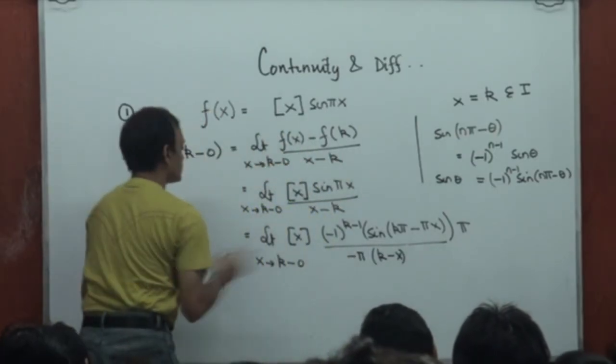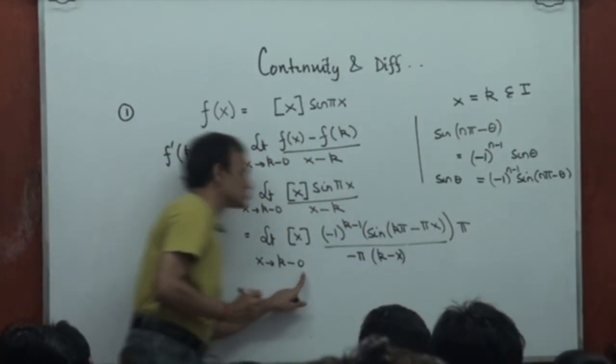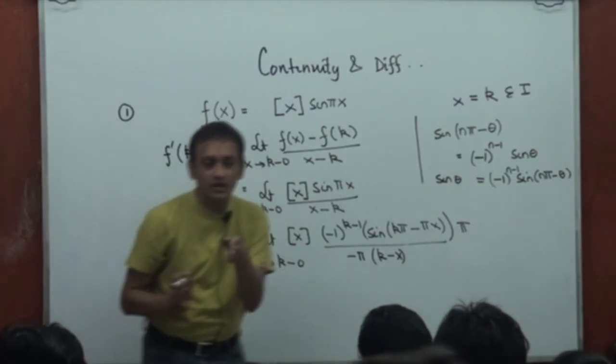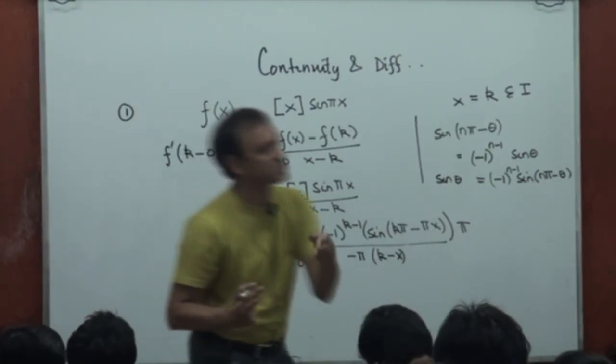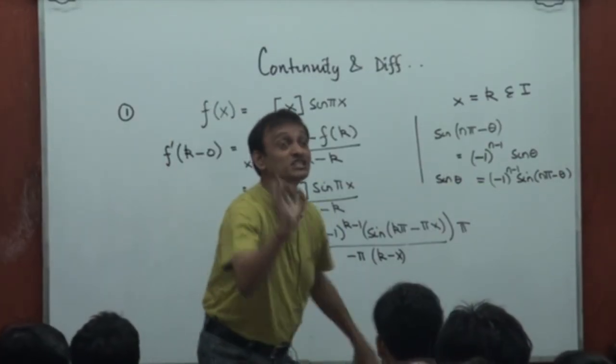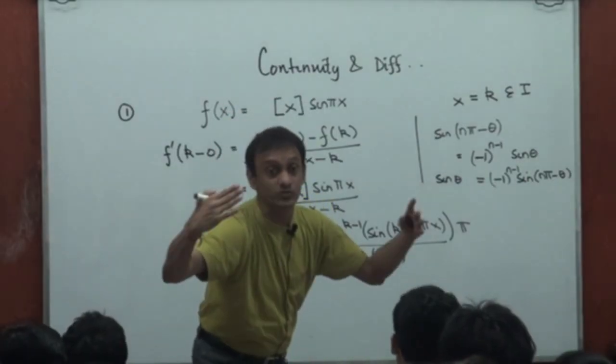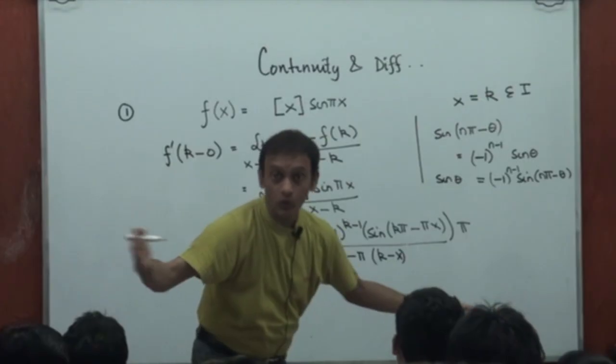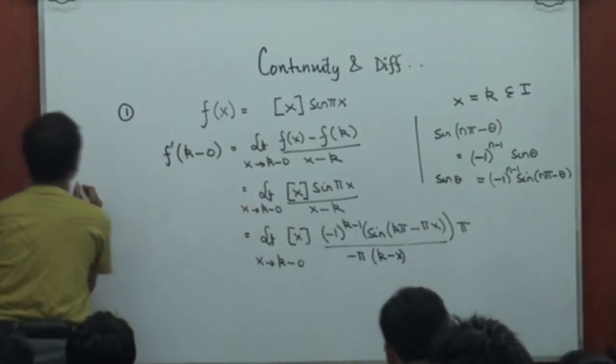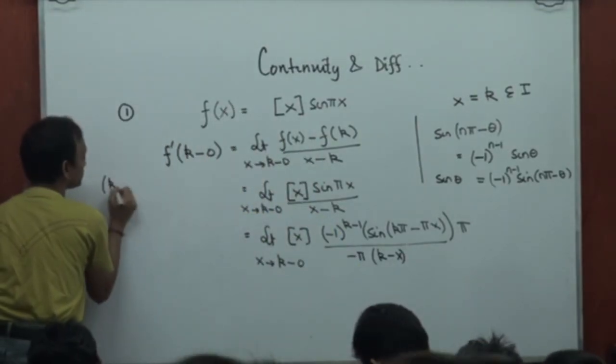So we then left. Now when x tends to k from the less than k side, that means in the immediate left hand neighborhood of x equal to k, box x is identically equal to k minus 1. Not that it tends to k minus 1, it's identically equal to k minus 1. So box x can be written as k minus 1.